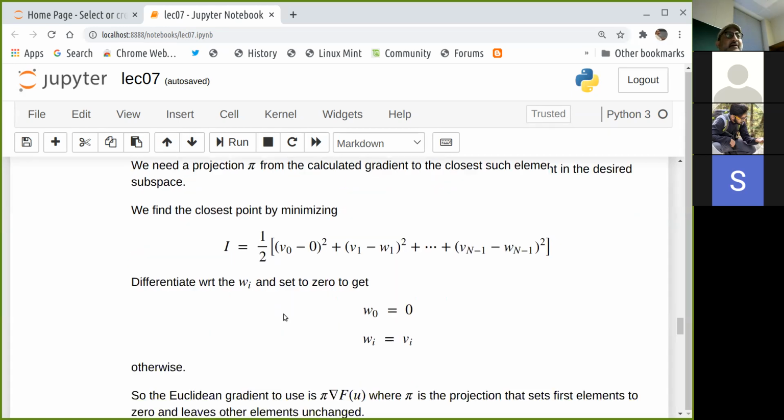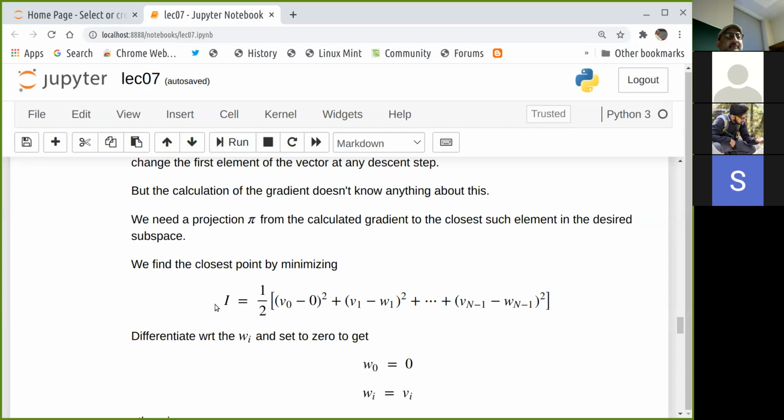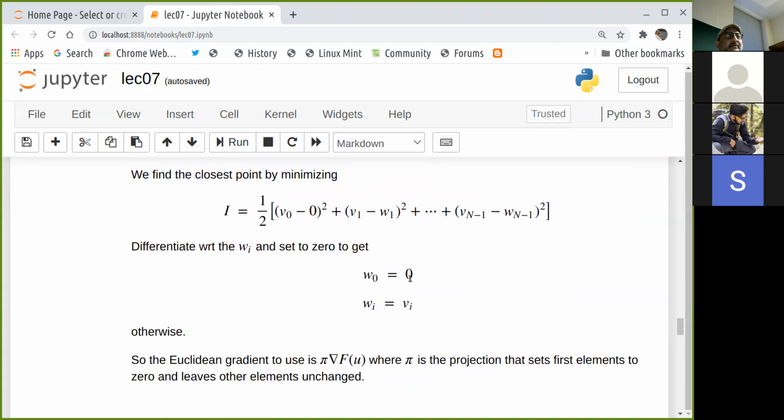Okay, so what you do now is you differentiate with respect to the wi, and the optimal solution, the minimum of this, will occur when the derivative with respect to each of the wi's is equal to 0. And you should confirm that this will happen with w0 equal to 0 and wi equal to vi otherwise.